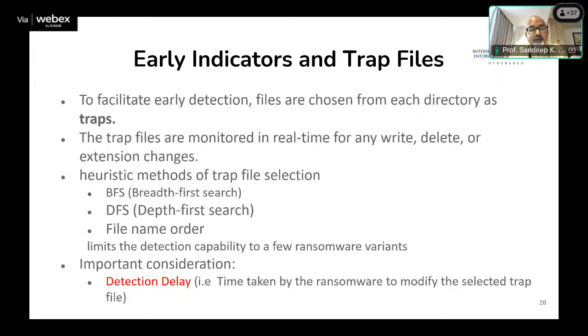Then I can be very sure that this is happening. And I can also detect which process is actually doing this to the trap file, then look at the process tree, go all the way up to the root of the process tree, suspend the processes, and then consult the registry-based method, which may be slower.